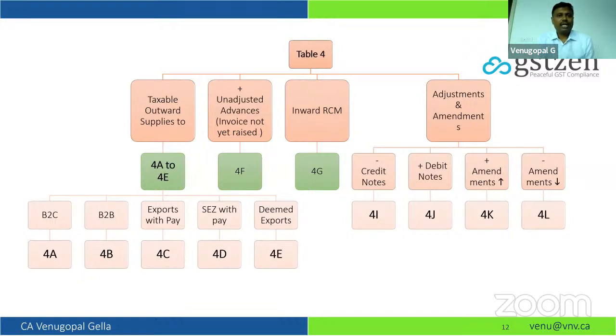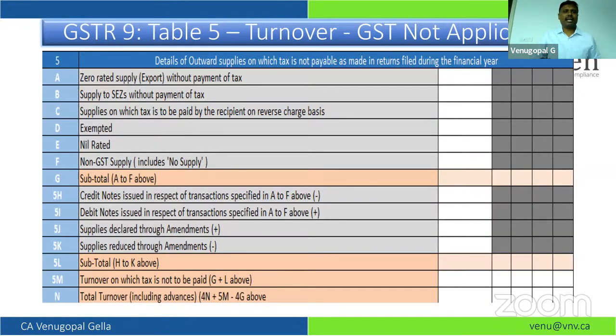If you have issued an invoice erroneously and you have made an amendment, if it is upward, in 4K, and downward in 4L. This is how you will split the turnover. So the derived turnover is split between two categories, taxable and not taxable. The taxable is reported in table 4 and not taxable is reported in table 5.